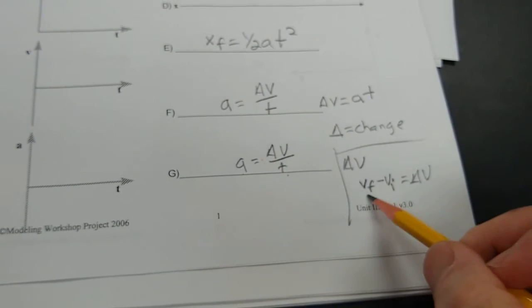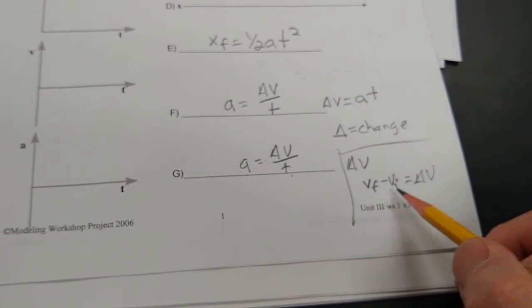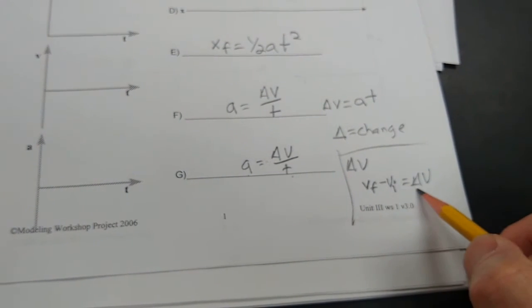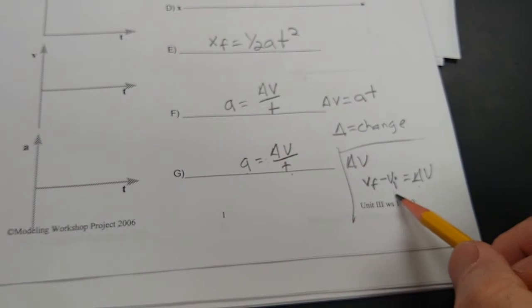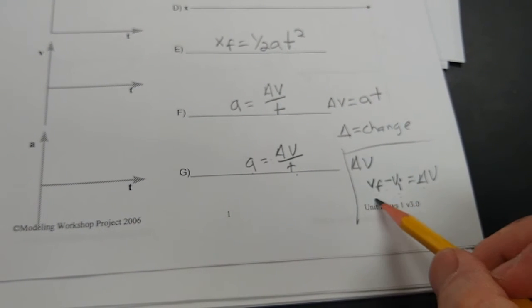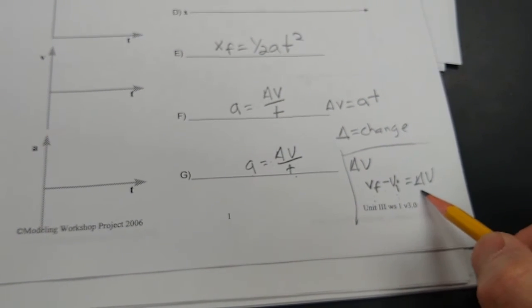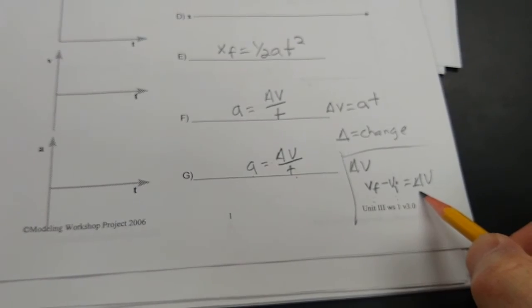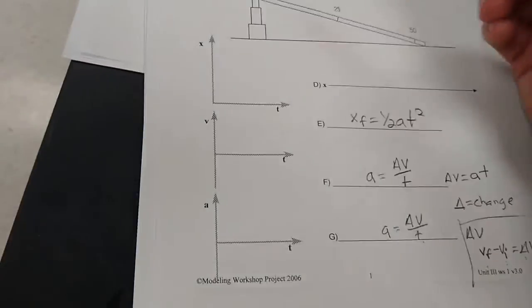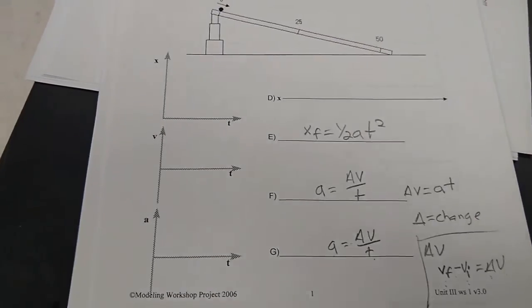In other words, your final velocity minus your initial velocity will give you the change in velocity. So if you're going 10 meters per second, then you sped up to 30 meters per second, the change in velocity would be 20 meters per second. All right? So have at this worksheet, you should be able to do it.